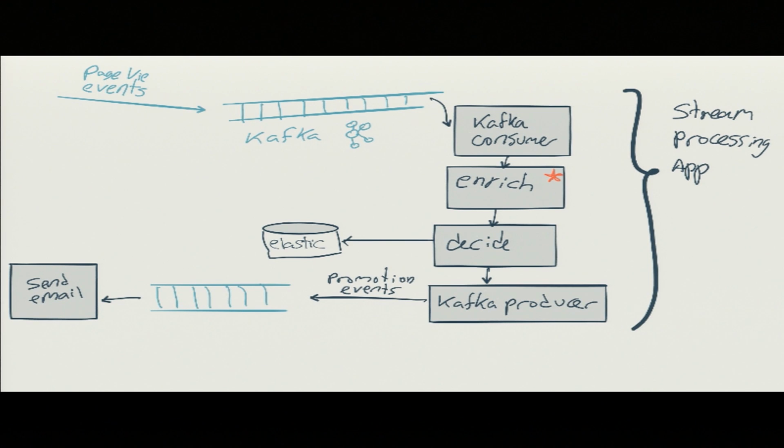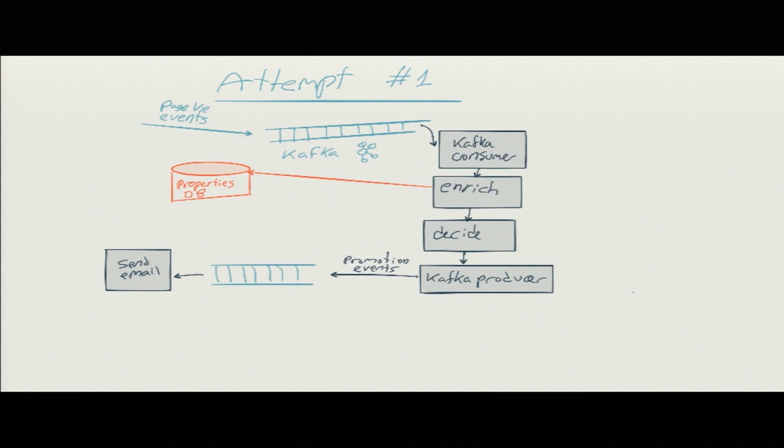So this is the basic architecture. And we're focusing on the enrich part. In order to get the property locations and the loyalty levels and all those, well, we got an event that has an ID. The simplest thing that comes to mind is to take the ID, go to a database or maybe another service, and say, give me the location and platinum level for those IDs.